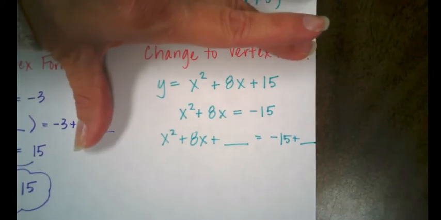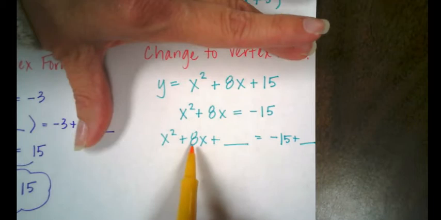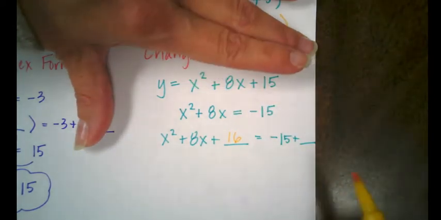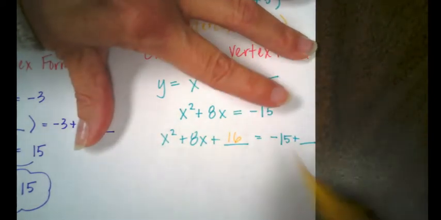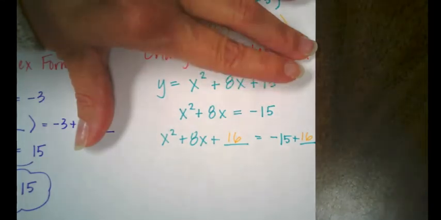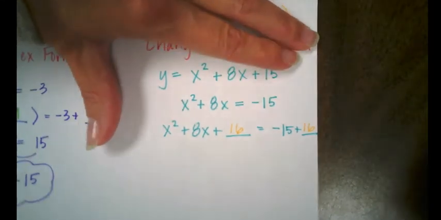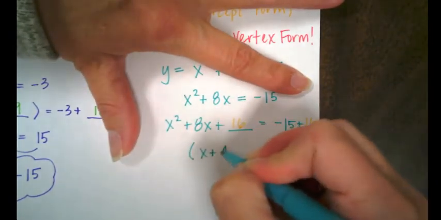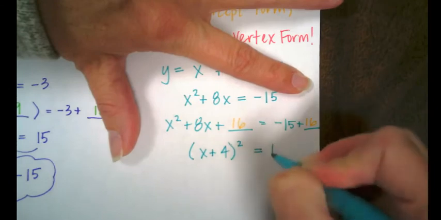All right, we need to think of the magic number. We're going to take half of this number, which would be 4, and squared would be 16. Since we don't have a leading coefficient, our equation will be balanced by adding 16 to the other side. On the left, this becomes x plus 4 squared, and that equals 1.